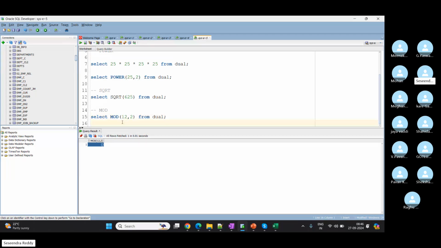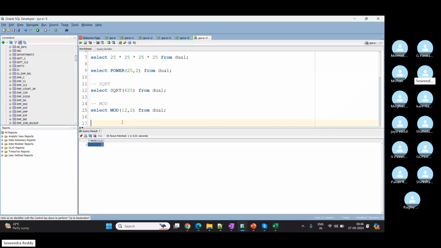Okay, in interviews also we will get this question: how to identify whether it is an odd number or an even number? By using the mod function we can identify that. Whatever value we have, we can calculate mod by dividing with 2. If it is 0, we say even number, if not, odd number. So either we get 1 or 0, that's it.